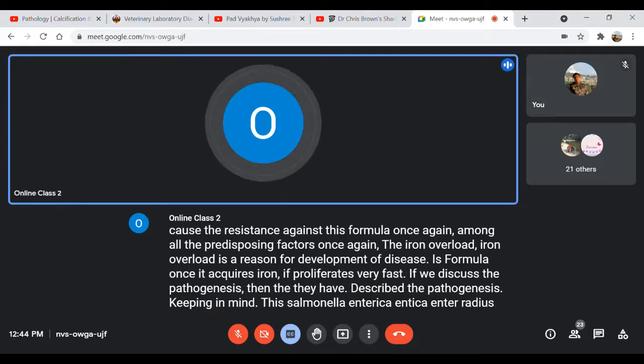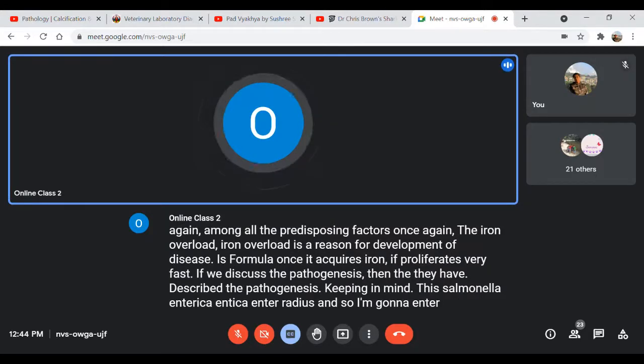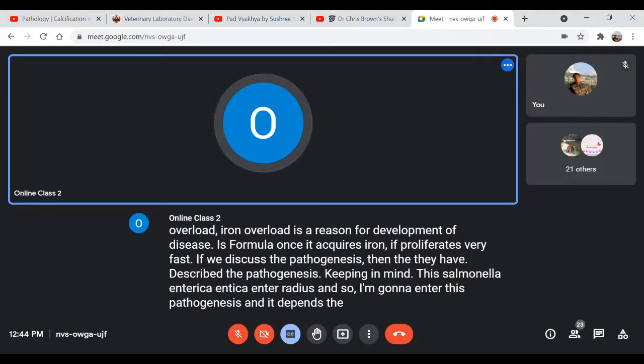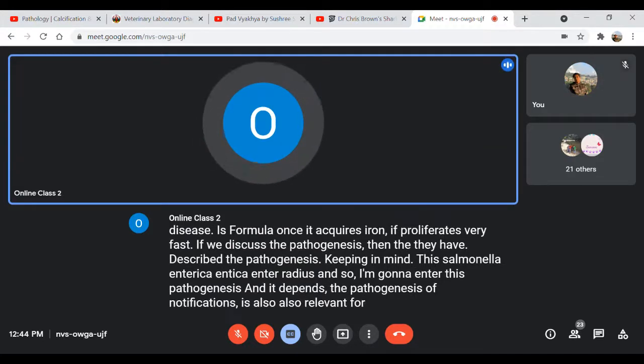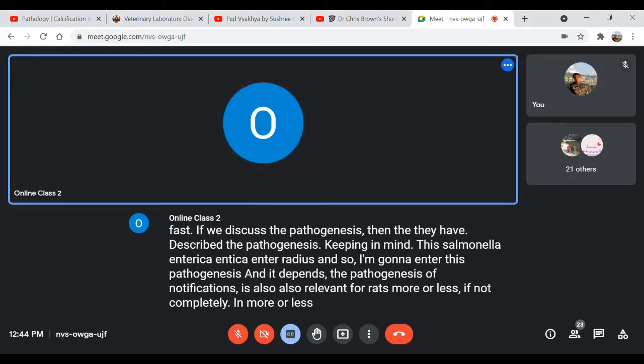This pathogenesis is also relevant, more or less if not completely, for rats also.